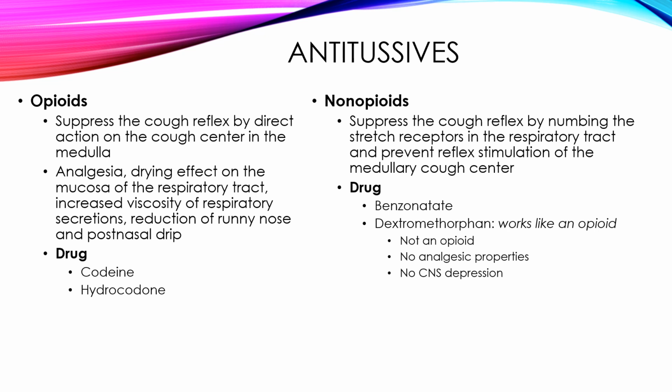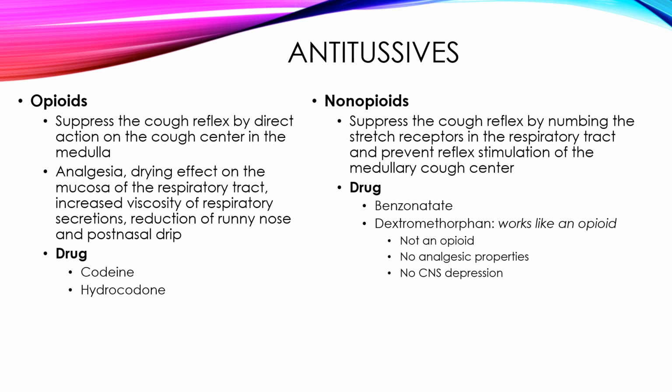So your two opioids for cough are antitussives, codeine and hydrocodone. Those are the two big ones that they usually use out of the opioid family. Notice I didn't say morphine or fentanyl. They don't really use those. Those aren't used for antitussives, for cough medicine. So codeine is, and hydrocodone.